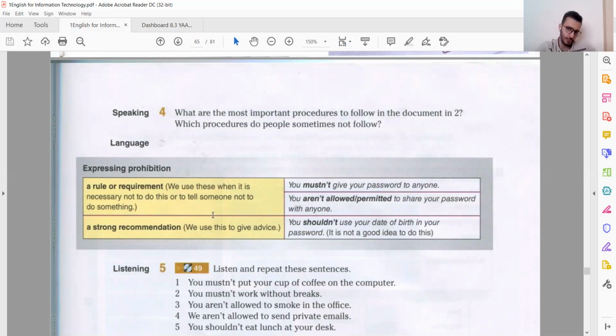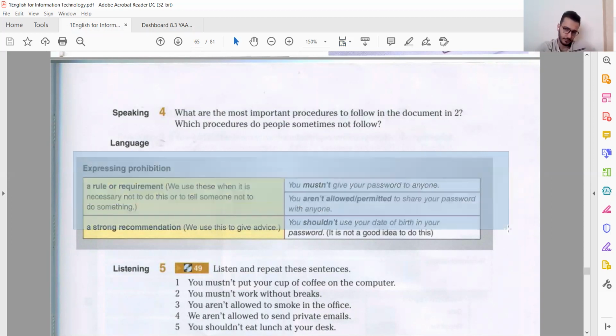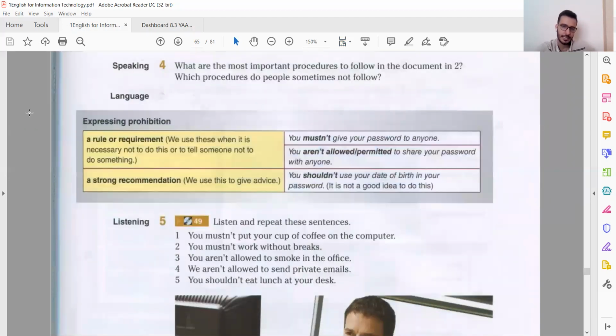Now the language part, this is the last language tip or the last language lesson we take, is expressing a prohibition. We already studied mustn't and shouldn't, right? Must and mustn't. Okay, but now we're only talking about prohibition, يعني المنع.